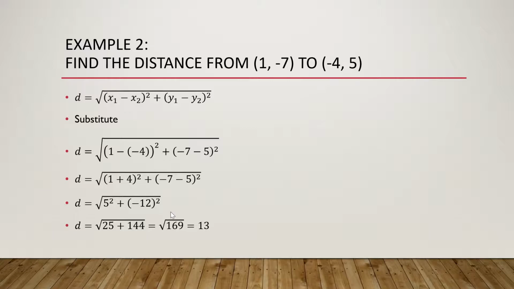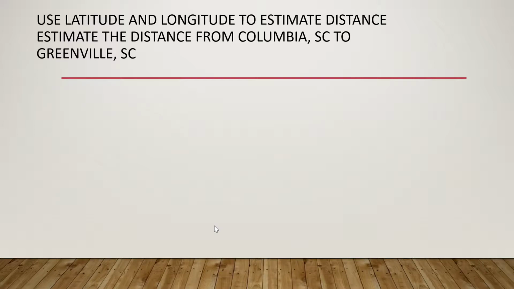That gives us the square root of 169, which in this case happens to be a perfect square. The square root of 169 is 13. So again, that's how you apply the distance formula. It's just a simple substitution, then using your calculator and following the order of operations to simplify.